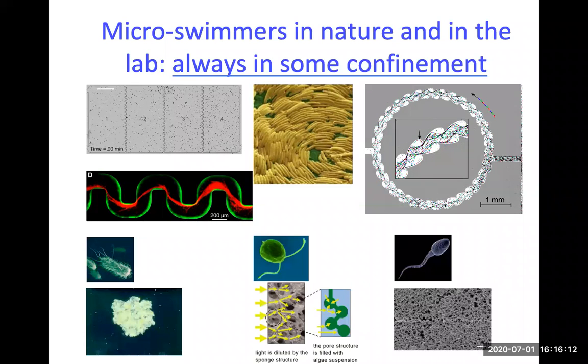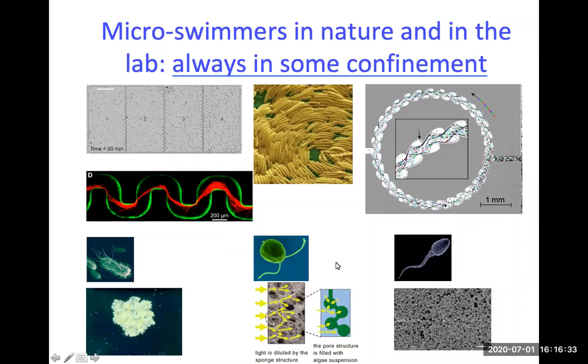Even our typical model microswimmers, biological swimmers like bacteria, algae, and spermatozoa, don't live in a simple enough kind of fluid flow. They live in some sort of porous structure. Bacteria live in soil or marine snow or mammalian tissue.